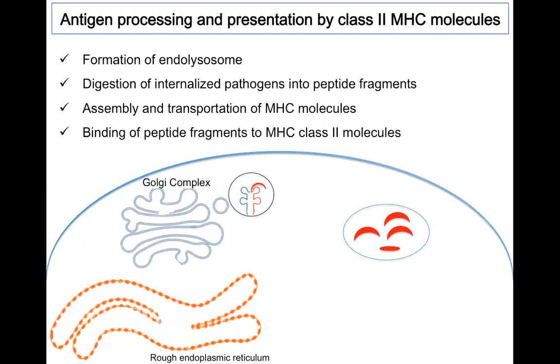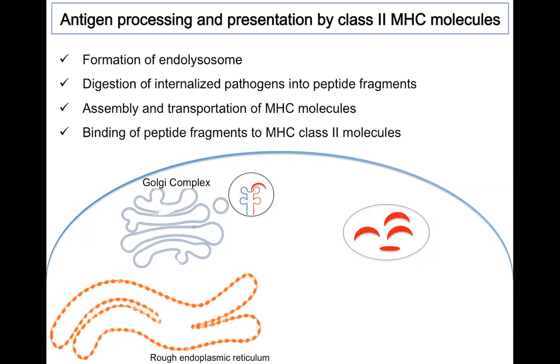Then they form a vesicle, containing that complex. Why are we calling it a complex? Because it has the invariant chain and also the MHC class 2 molecule, and collectively we call that structure the MHC invariant chain complex. So I hope you remember the difference between the class 1 MHC molecule and the class 2 MHC molecule. Class 1 is just synthesized and transported to the Golgi complex.